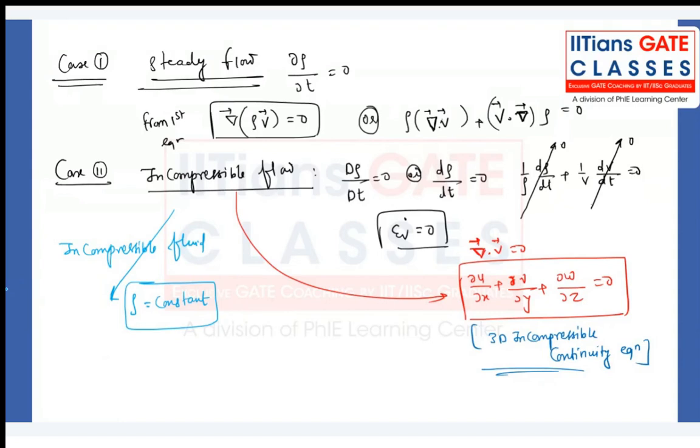Steady flow will never ensure whether density is constant or not, because density can be a function of x, y, z if it is not a function of t. So steady flow will never guarantee incompressible flow. Steady flow can be both compressible as well as incompressible flow, right?